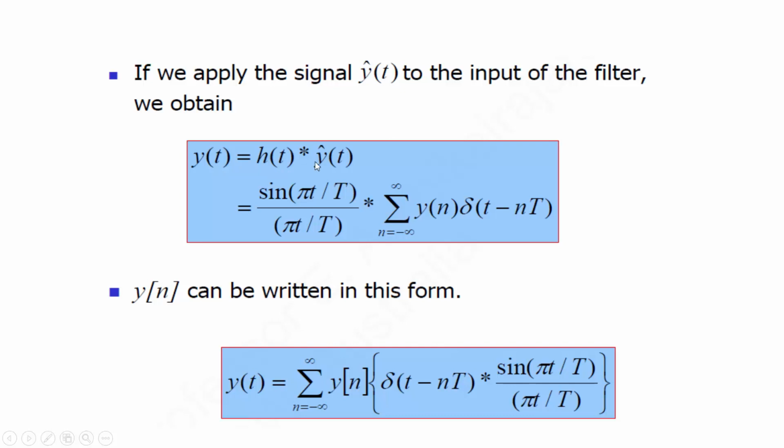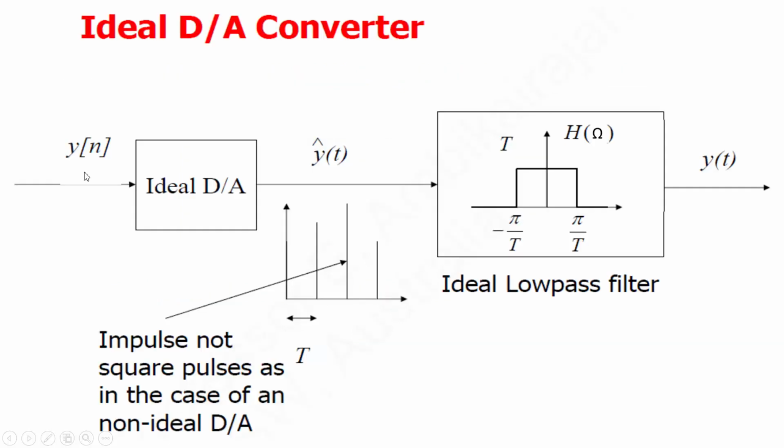So y(t) will be equal to the convolution of h(t) and y hat(t). What is h(t)? We already saw that h(t) is sine of pi t by capital T divided by pi t by capital T, and this has to be convolved with y hat(t). What is y hat(t)? y hat(t) is y[n] convolved with these impulses.